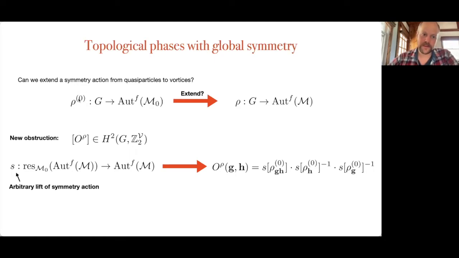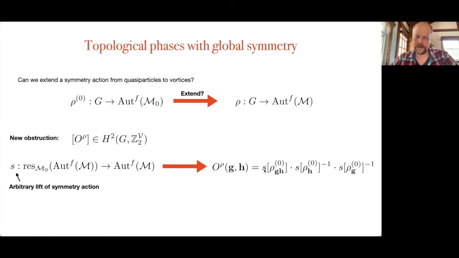If rho 0 is not in the restriction of the symmetries from Aut^f of M to Aut^f of M0, then you're already out of luck. So let's assume that's the case. Then we pick an arbitrary lift from rho 0 on Aut^f of M0 to Aut^f of M. And we ask, does that lift compose like a group homomorphism?